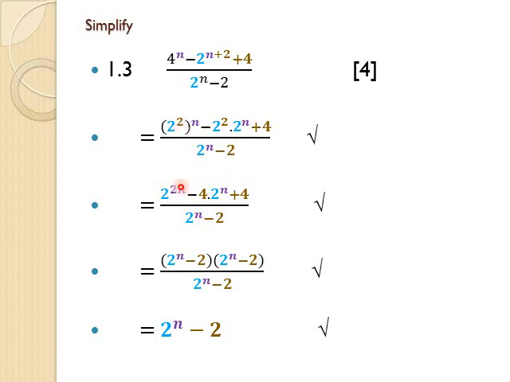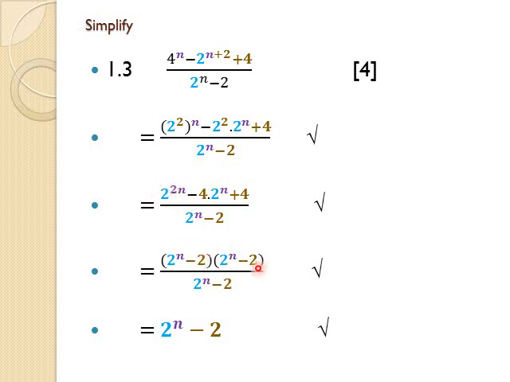2 times n gives me 2n. 2 to the power 2 is 4 times 2 to the power n plus 4, and that bottom stays the same. So if I factorize now, take note, that's 2n and that's n. So I assume you know n plus n would give me 2n. So therefore 2 to the power n times 2 to the power n gives me 2 to the power 2n.